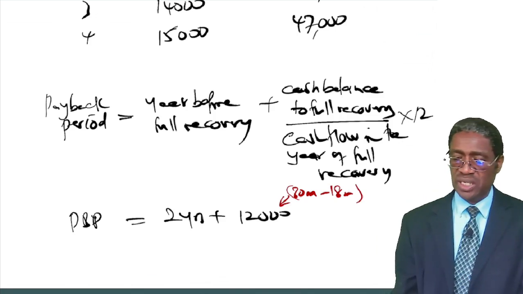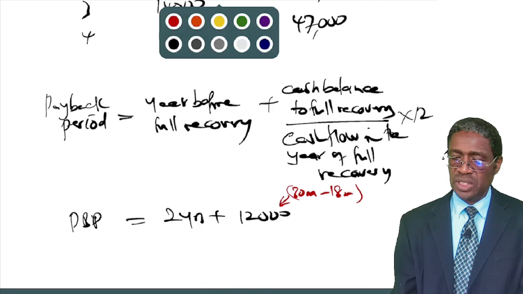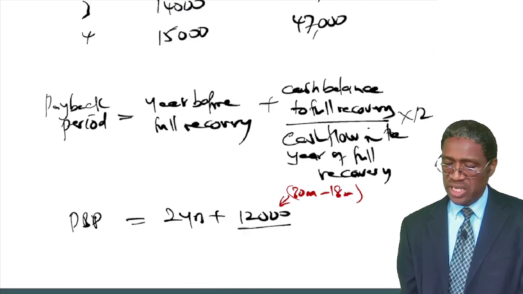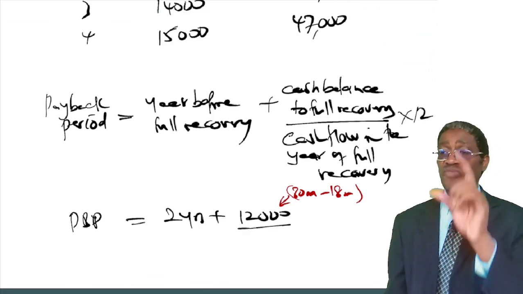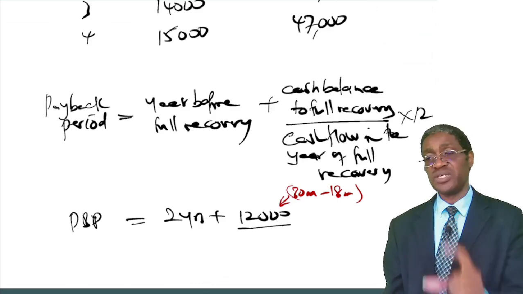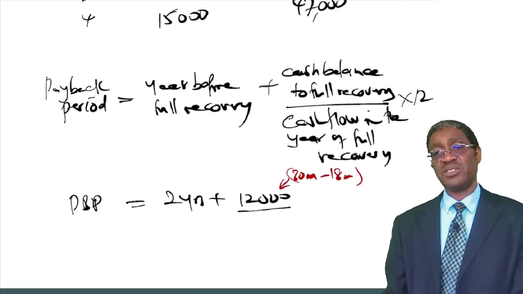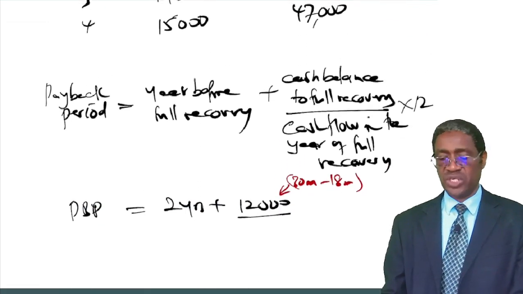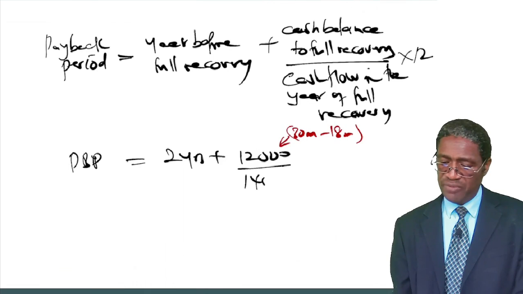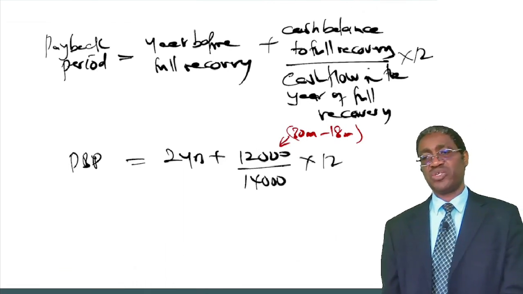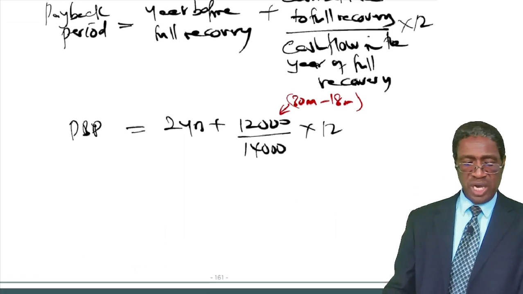Then we divide that by the cash flow in the year of full recovery. How much was that cash flow? 14. We divide that by 14,000, multiply that by 12. So that gives me how many months?